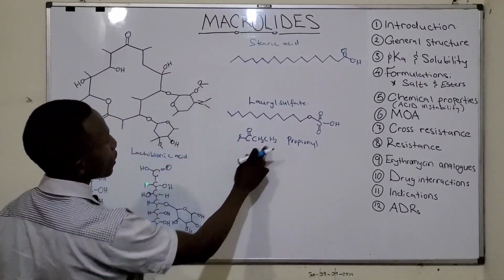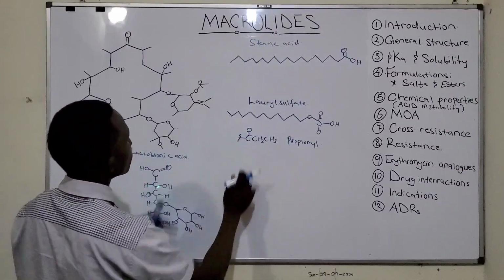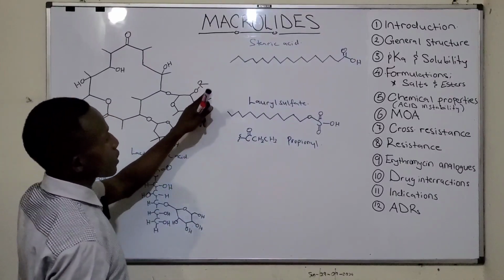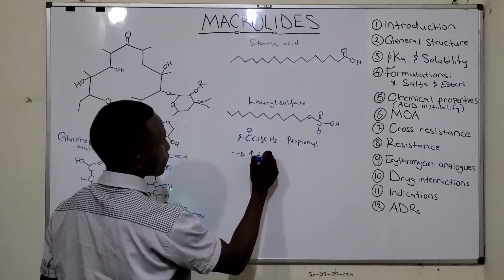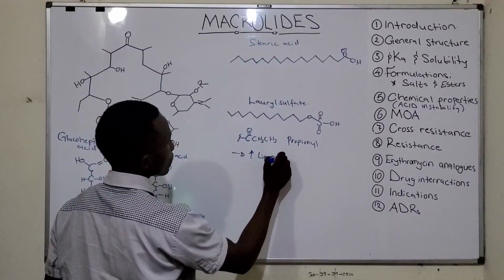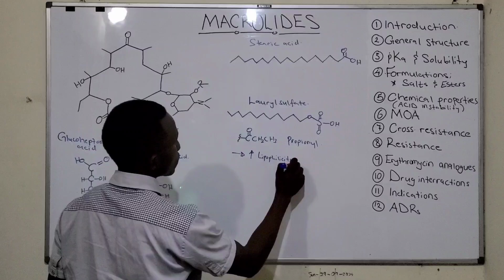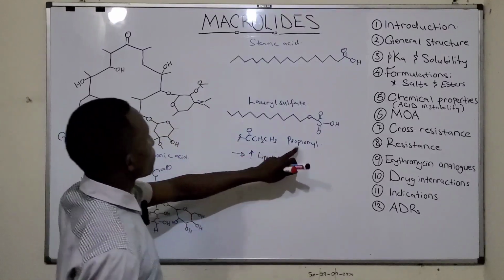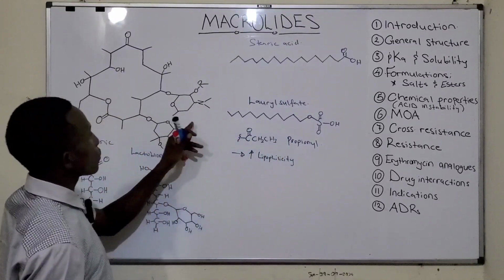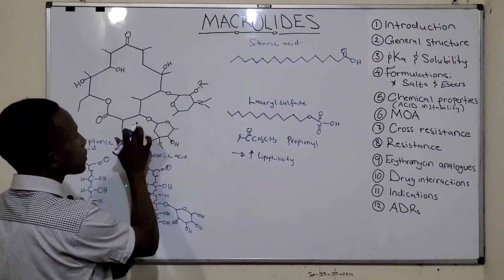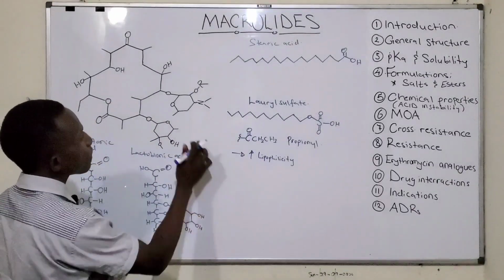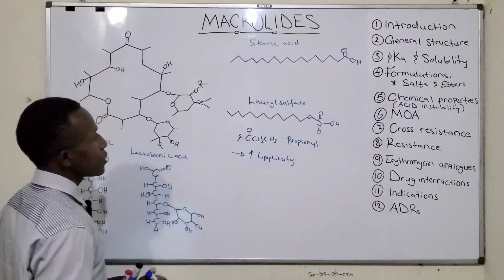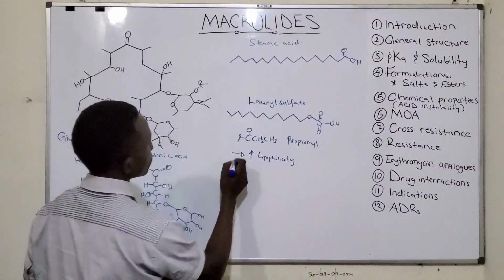For example, we can put a propionyl group here to make an ester. And this ester increases the lipophilicity. So the ester of the propionyl erythromycin will be more lipophilic than the erythromycin itself, or more water insoluble than erythromycin.